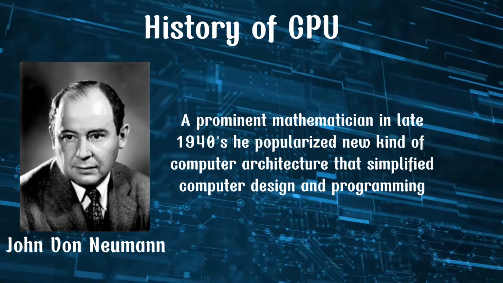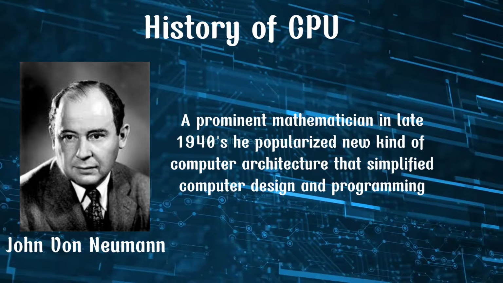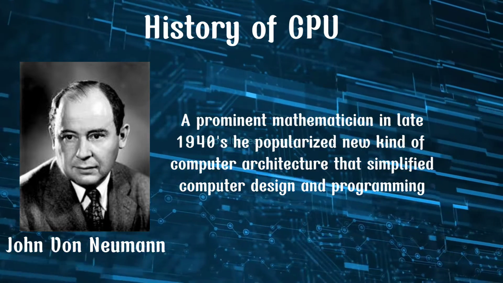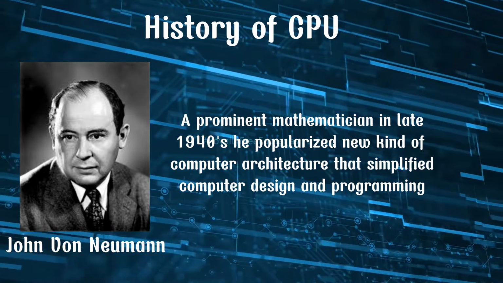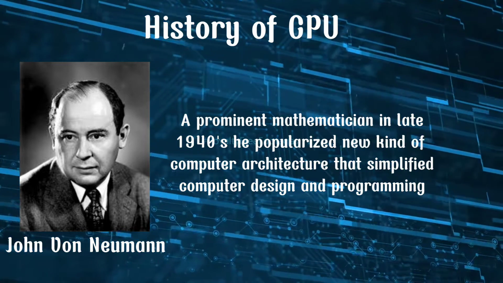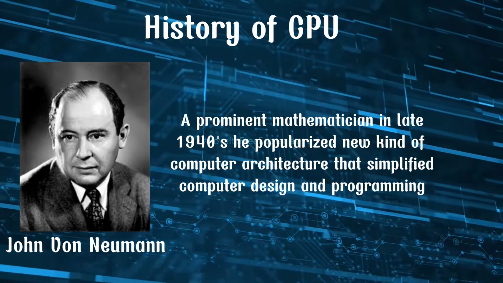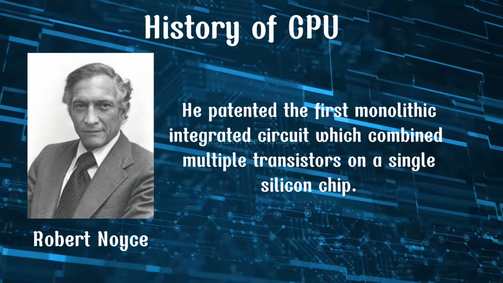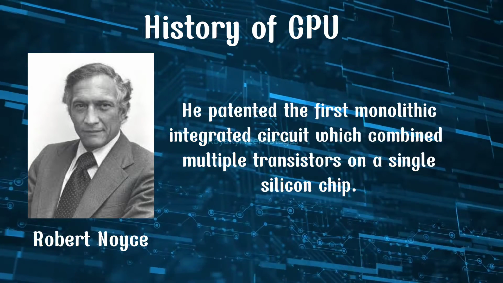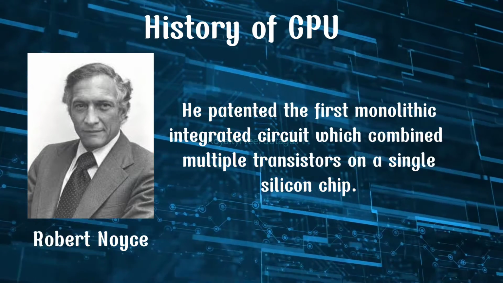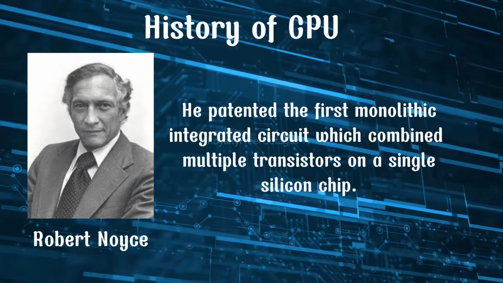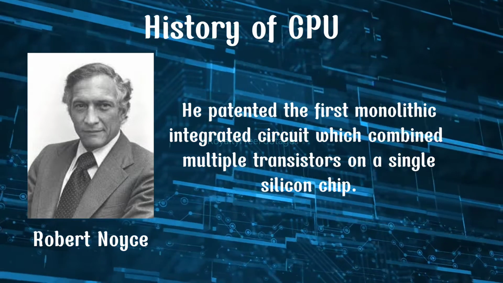He's a prominent mathematician in the late 1940s, and he popularized a new kind of computer architecture that simplified computer design and programming. And the other one is Robert Noyce in the late 1950s. He patented the first monolithic integrated circuit, which combined multiple transistors on a single silicon chip.